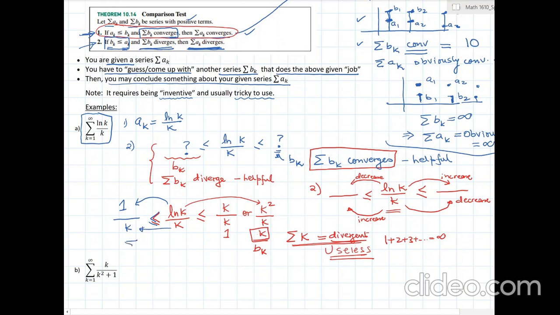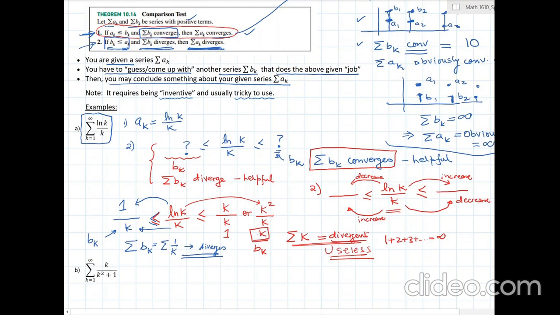Now if this is my bk, what can I say about it? Well, this series bk is the series 1 over k. But I know this diverges. This is the p series, the harmonic series. I know it diverges.